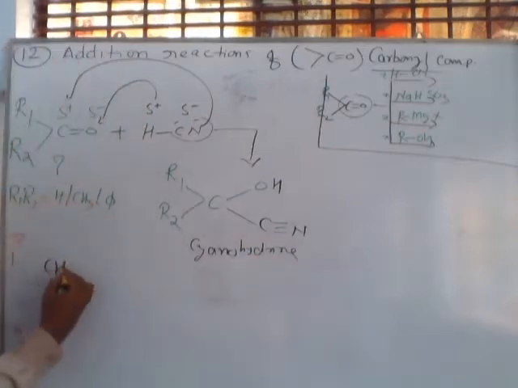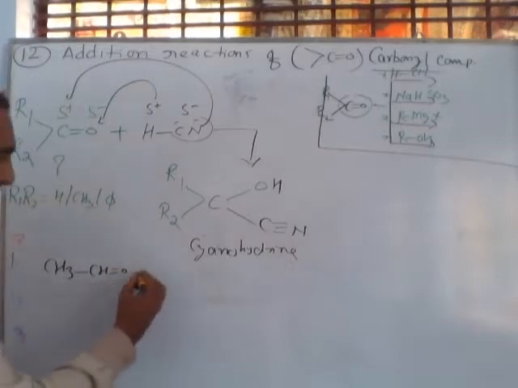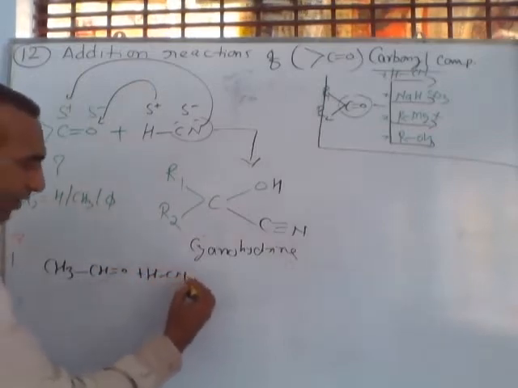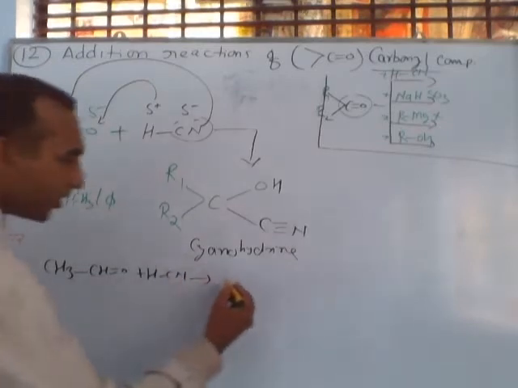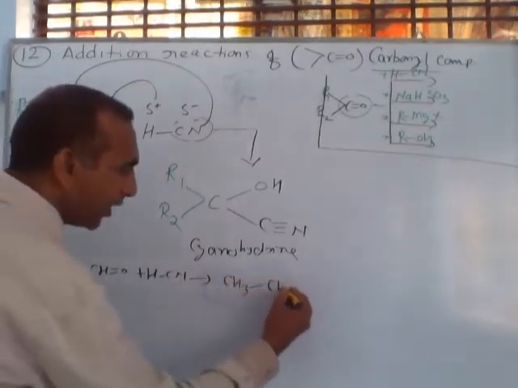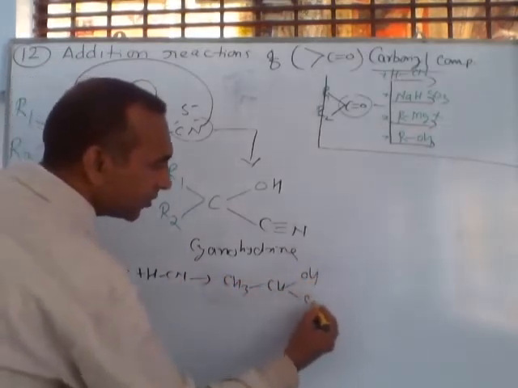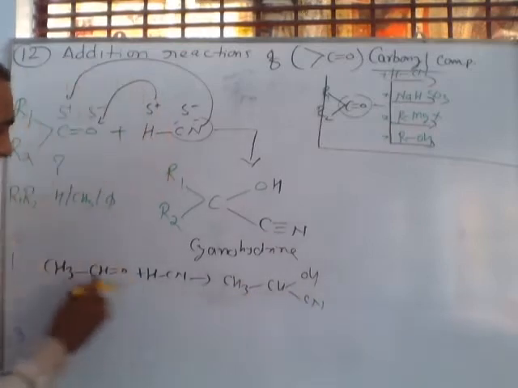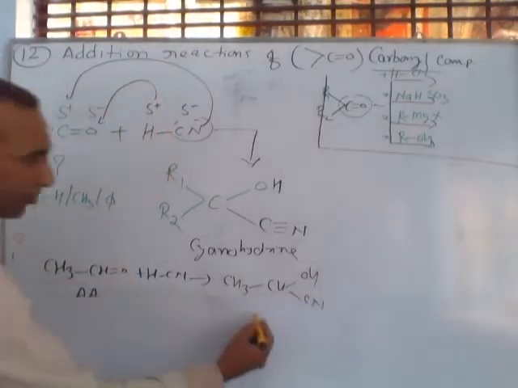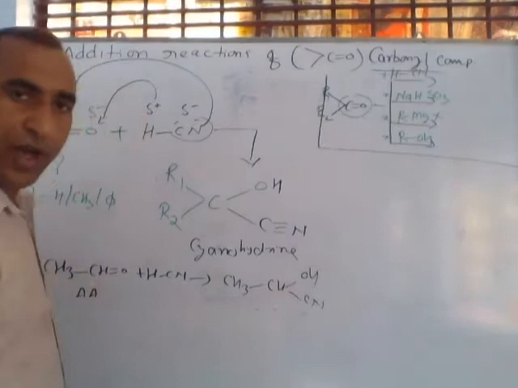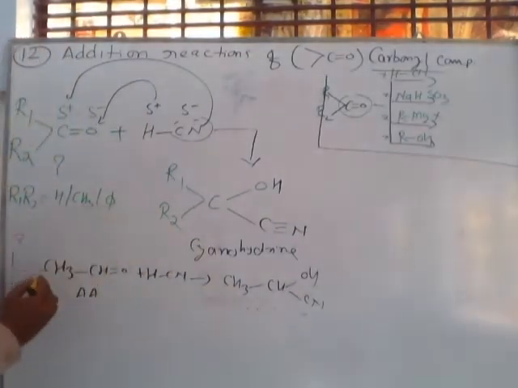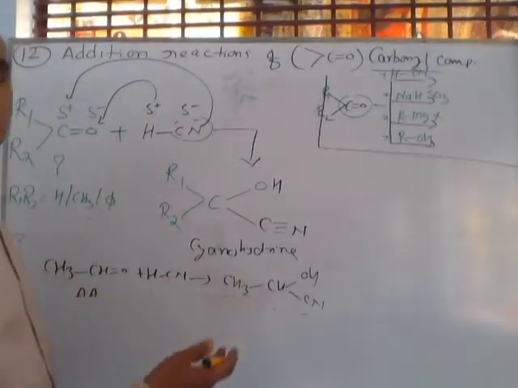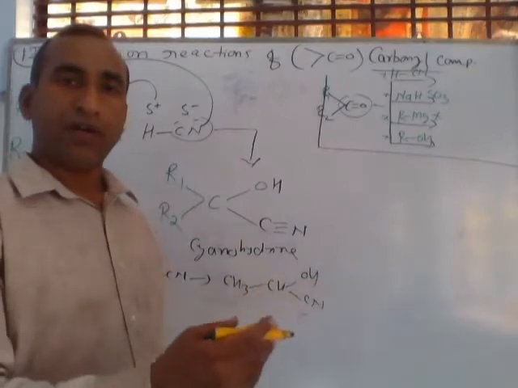Listen, if you are using acetaldehyde, after the addition reaction of hydrogen cyanide, the product will be CH3 CH, with CN here, OH here, and C triple bond N. This compound is called acetaldehyde cyanohydrin. If you are using acetone, the product will be called acetone cyanohydrin.